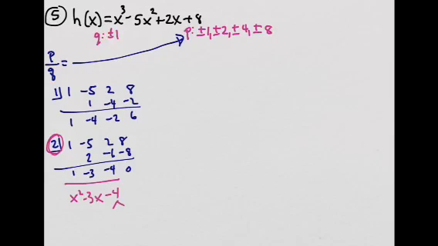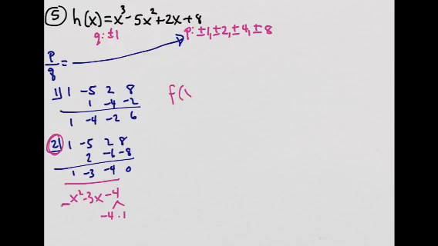So factors of negative 4 that add up to negative 3 are negative 4 times 1. Again, because the leading coefficient is 1, you don't have to do box method or x factor. You could go straight to just the factors x minus 4, x plus 1.